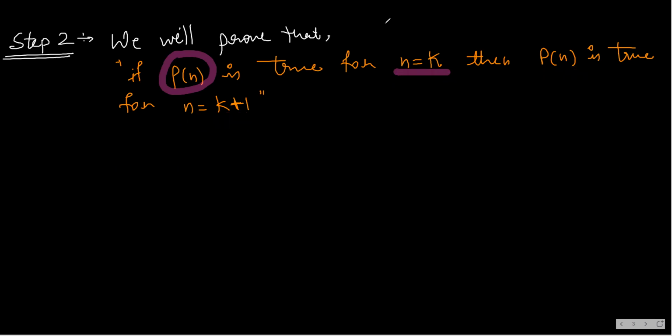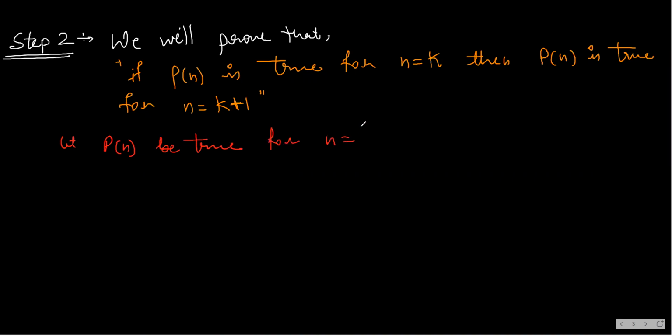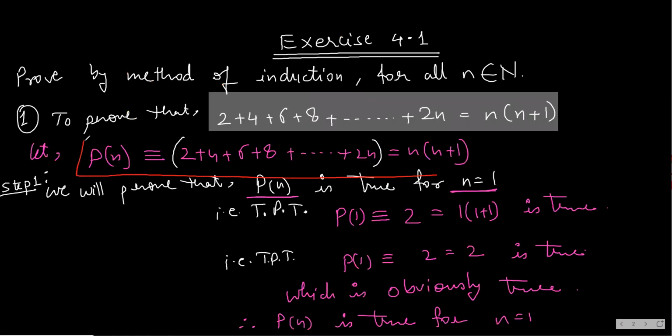So here we first have to make an assumption. What is the assumption? We will assume that P of n is true for n equals k. So I'll write here, let P of n be true for n equals k. That is P of k, where you write n as k.